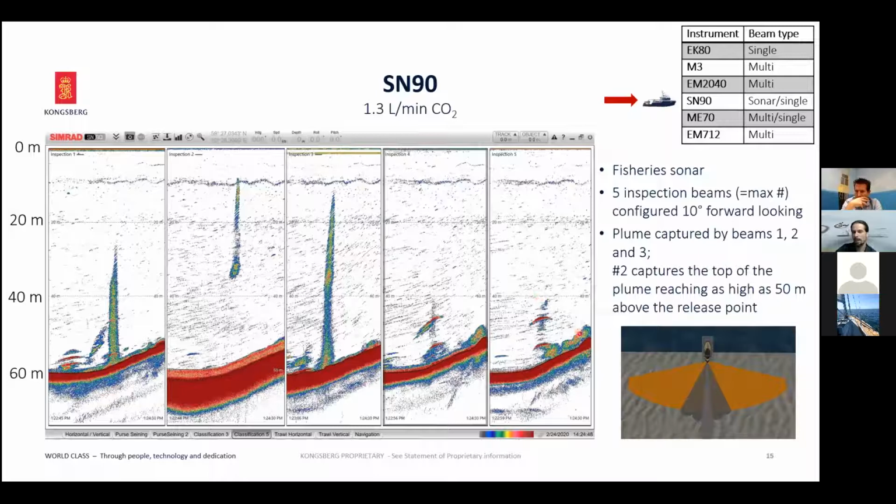As you can see, these beams point in different directions, and this is the explanation why you see different sections of the plume in beam 1, in beam 2, and in beam 3, while you only touch some parts of it in the other beams. Beam number 2 showed the highest rise height, up to 50 meters and only 10 meters below the water surface.